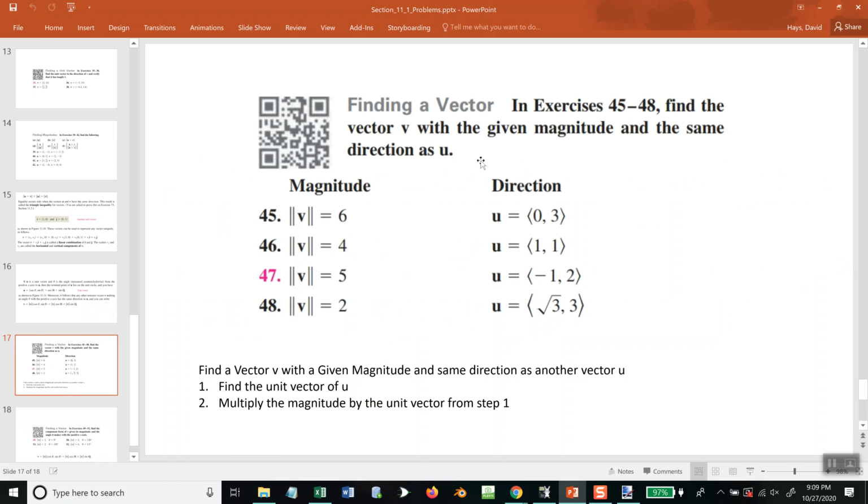These problems say find a vector v with a given magnitude in the same direction as u.